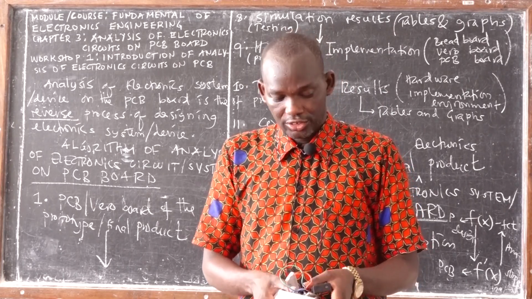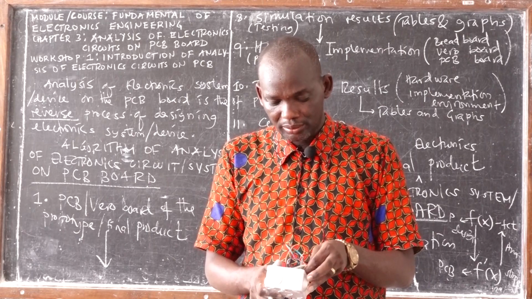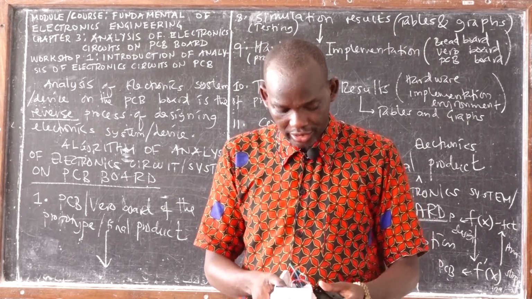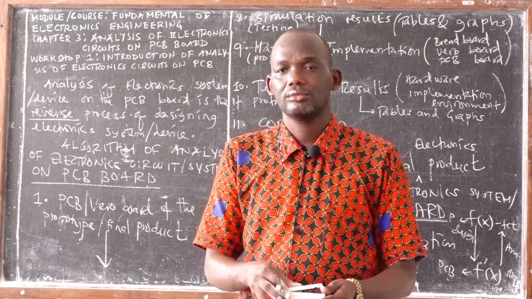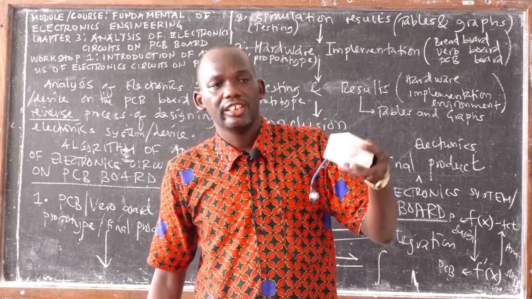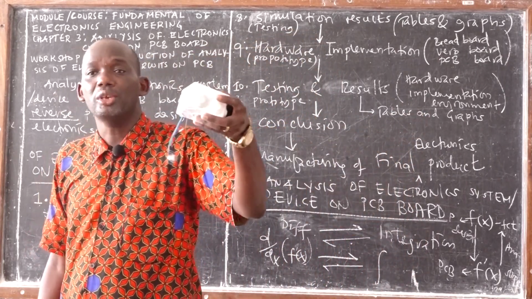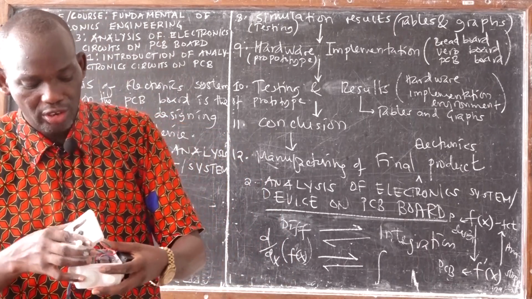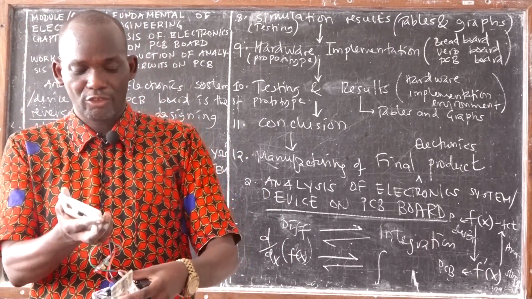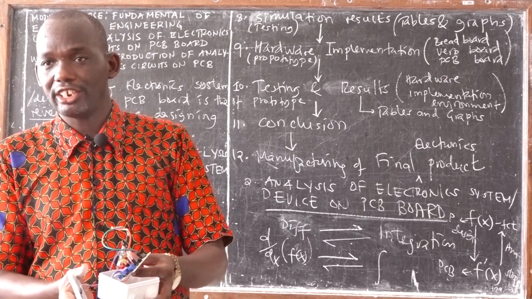Are we together? So for instance, what you've been given is this kind of enclosed prototype. Within this box, we have the PCB board. So first of all, you should get access to the PCB board, right?